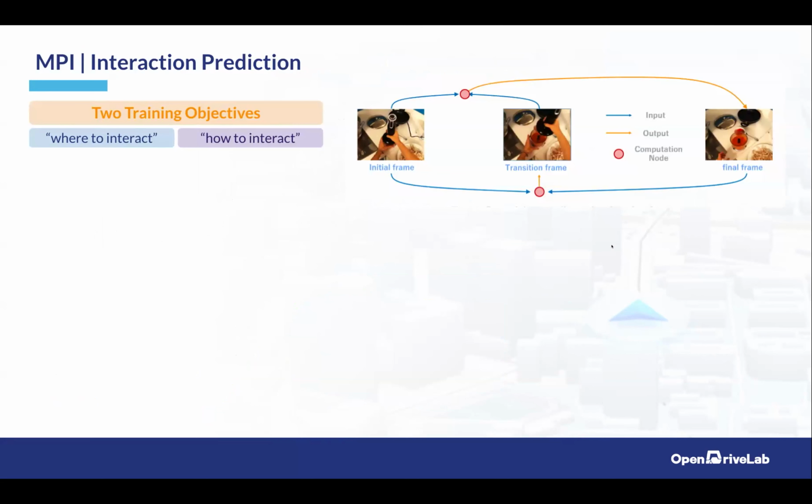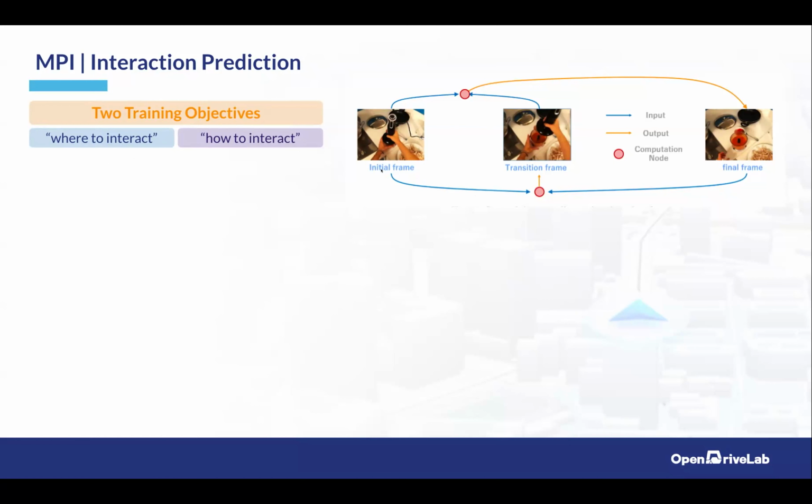To realize the objective of manipulation interaction and the world model, we have two parts for the modeling. One is where to interact, corresponding to the objects, and the other is how to interact, corresponding to the world model. In the how-to-interact part, we build on two sets of frames.